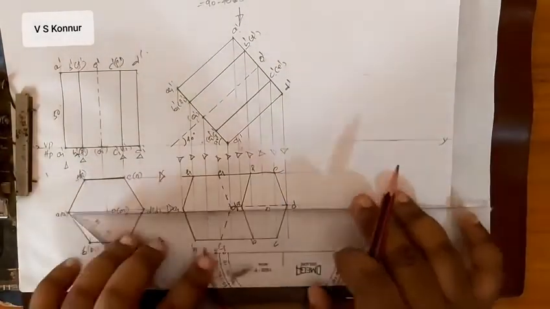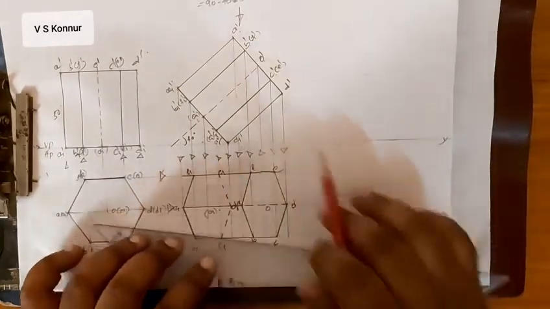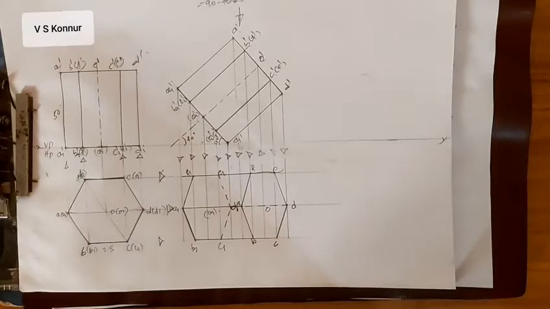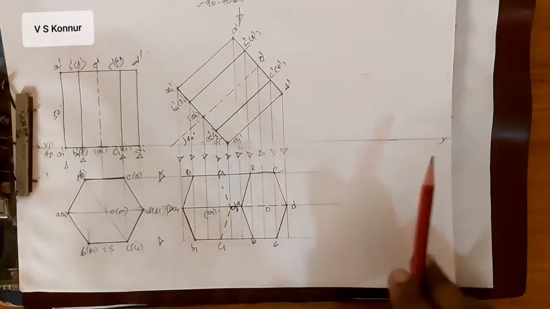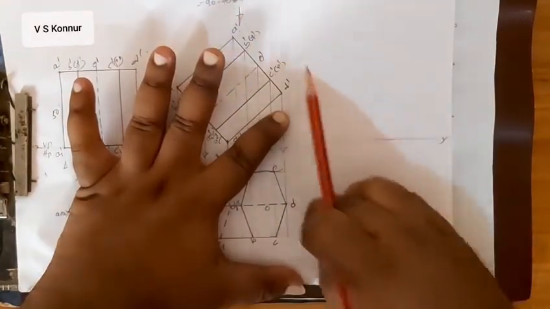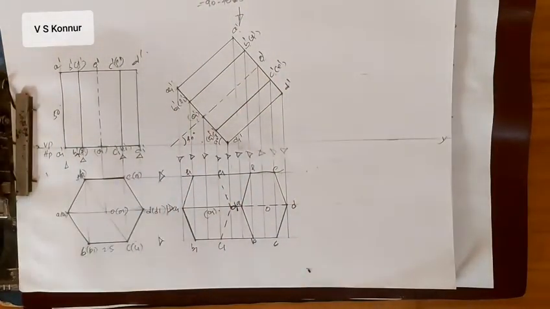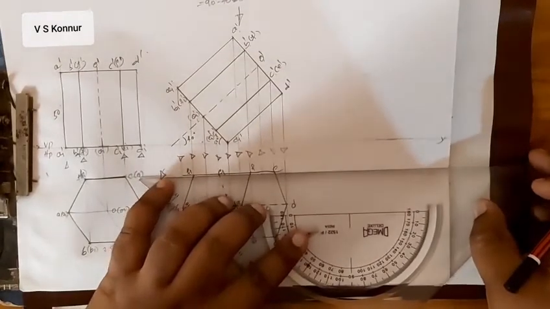Then A to A1 is left. We'll join that also. Now all the points have joined each other. Now this O1 is directly inclined 45 degrees to VP. Now we'll draw a 45 degree line with reference to this.